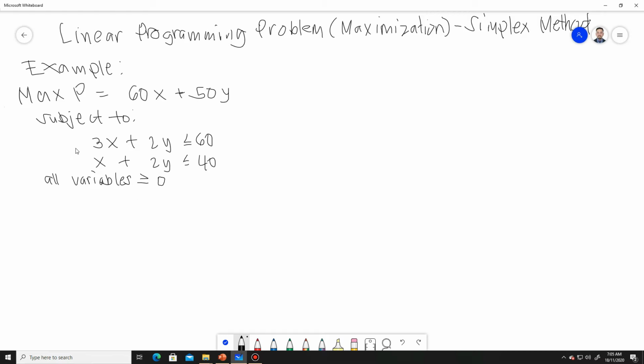So, let's begin with our constraints. We have the first constraint, 3x plus 2y. And then, we will put a slack. Since this is a maximization problem, we will include slack. And take note, the signs are all less than or equal. So, for the first constraint, we have positive S sub 1, or slack sub 1.